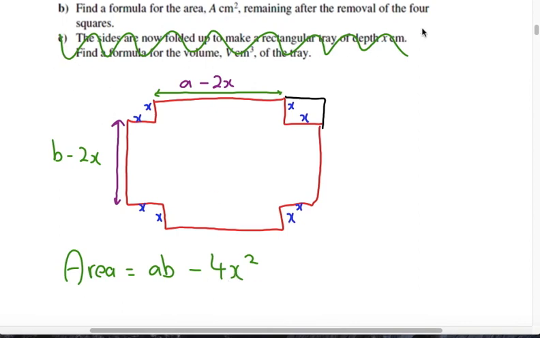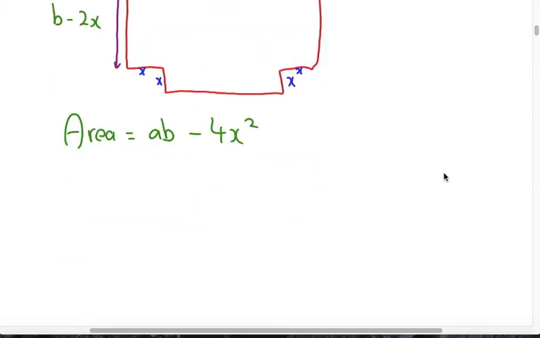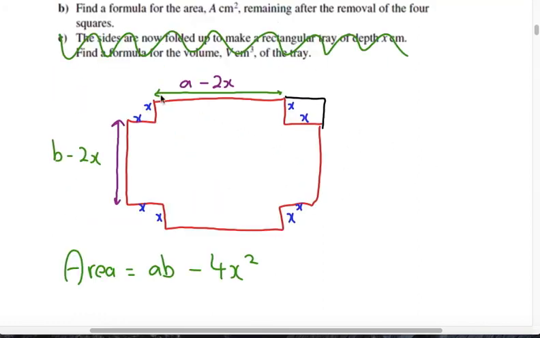I crossed out C because you haven't really had much review of volume yet, but if you want to, because you might know a bit of volume from last year. Volume, if you folded this shape up to make a 3D box, it would have a height of x, and it would have a length of a minus 2x, because that whole length here is a minus x, and a minus x is a minus 2x.